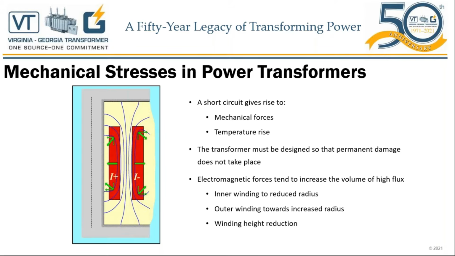The picture you're seeing on the left side here, imagine that the gray area is the core. The first red area is basically a cutaway drawing, in a simple version, of the inner winding. Let's think about this in this case as your low voltage winding. And the second one, further away from the core, let's consider as the high voltage winding. The mechanical forces, when faults occur, will try to squeeze the inner winding.